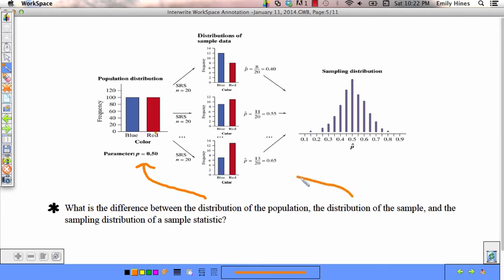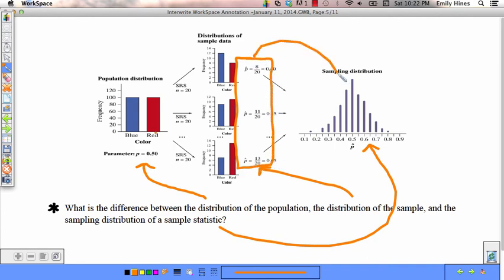The distribution of the sample is all the possible samples. And the sampling distribution of the sample statistic is all of the possible values for p hat in this case and the values that it can take. So when you think about creating a sampling distribution, think of this process. You start with the population, you take all possible samples, you take all of the p hats from those possible samples, and you put them in a distribution by themselves.